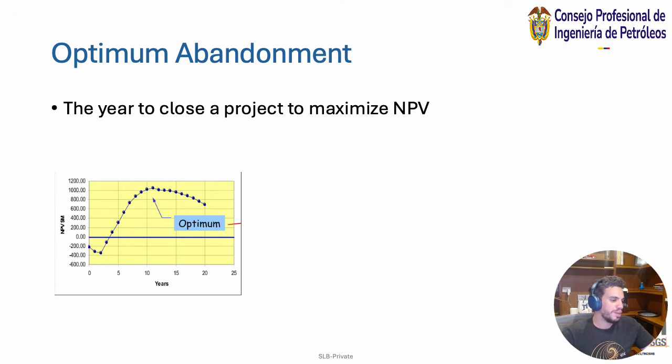As a project economist for petroleum, you want to maximize the NPV, and you need to know when you're starting to lose money. Over time, your NPV will have this parabolic structure, and you want to get out when it's most optimal for you to make money, before costs outweigh the profits, right? So that's why NPV is very important.